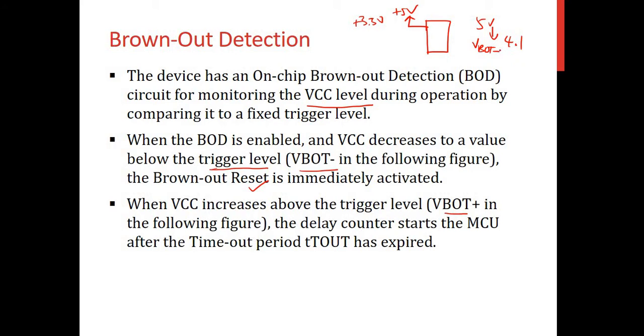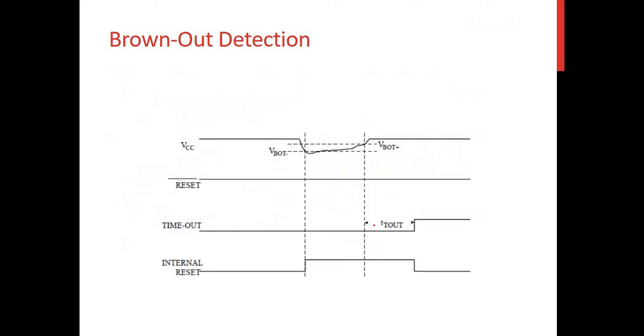Once I issue the reset, I'll hold it in reset until it climbs back up above the VBOT plus. VBOT plus could be another value, maybe 4.9 volts. Once I climb up above the VBOT plus, then I wait until a timeout before I start the reboot process.